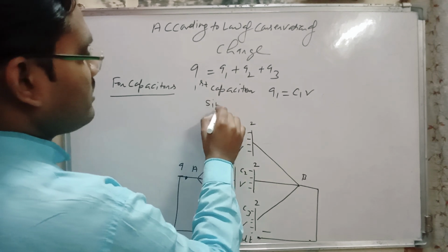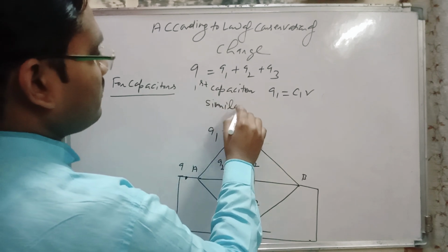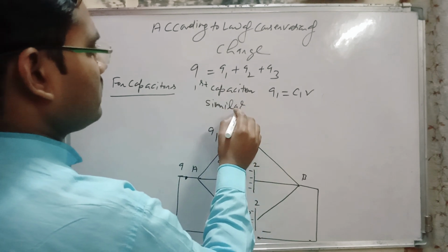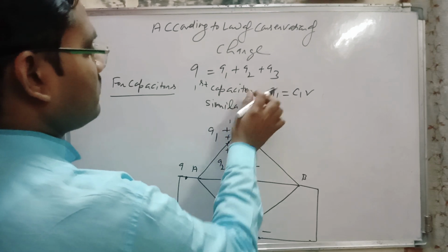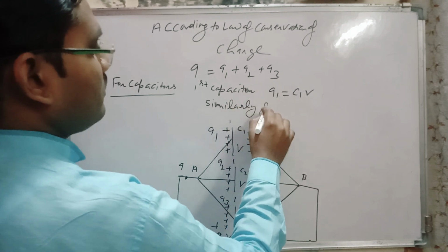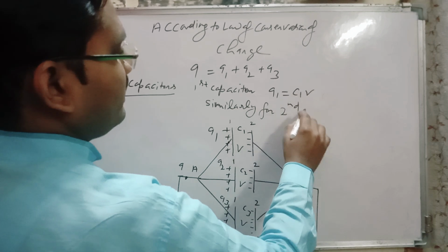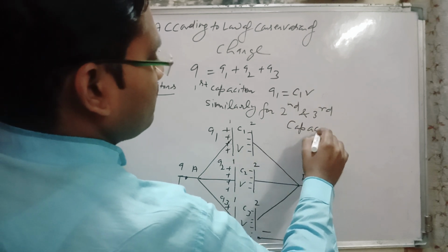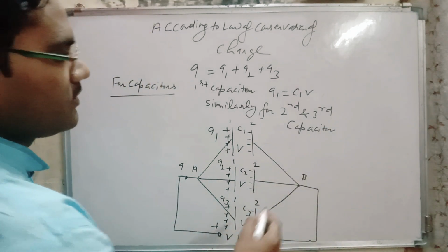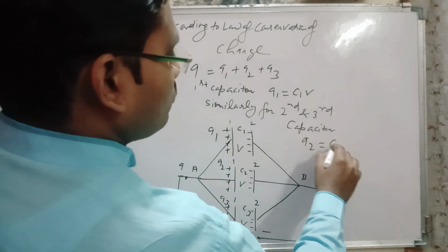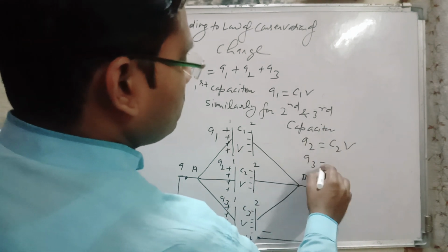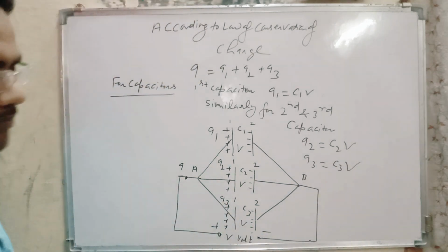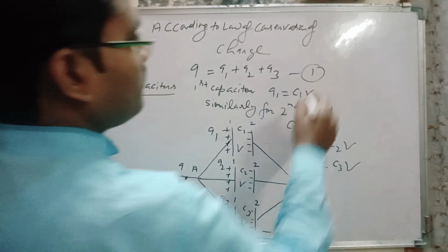Similarly, for the second and third capacitors, Q2 is equal to C2V, and Q3 is equal to C3V. This is equation number 1.